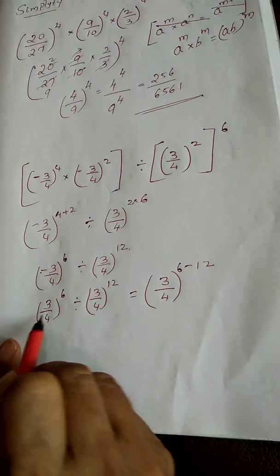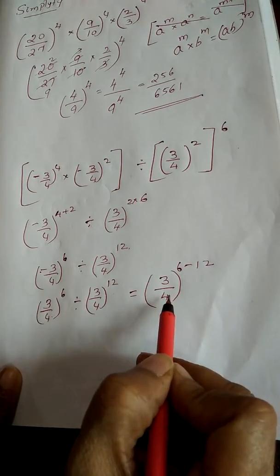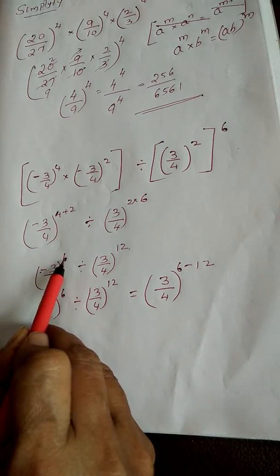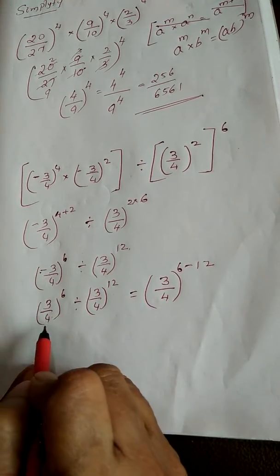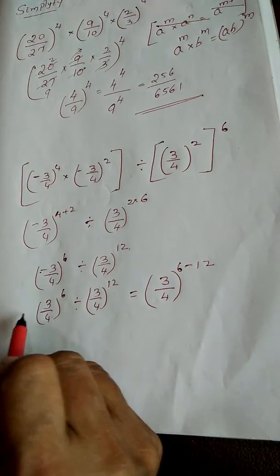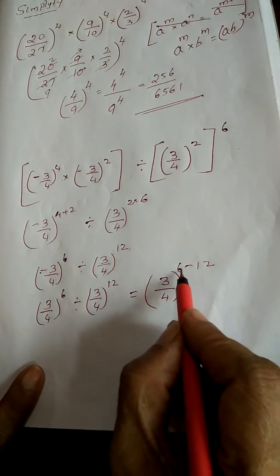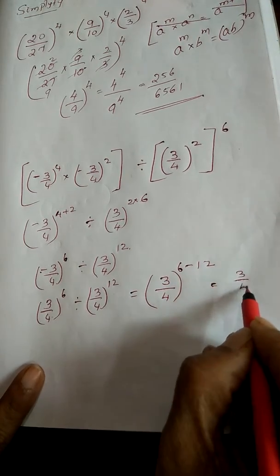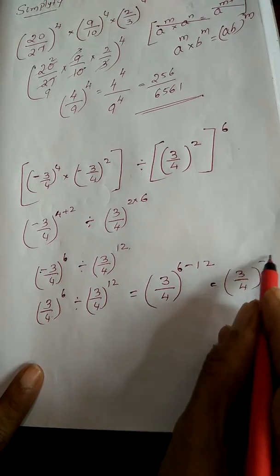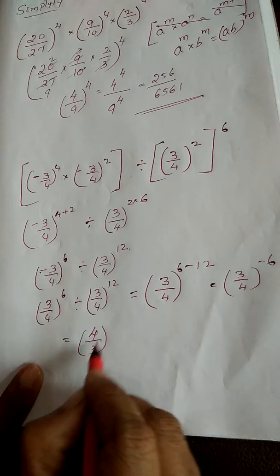Only if the bases are the same, you can use this identity. If it was an odd number, we cannot write it as 3 by 4, so the minus would give you a negative answer. So 3 by 4 to the power of 6 minus 12 is equal to 3 by 4 to the power of minus 6. So it is equal to 4 by 3 to the power of 6.